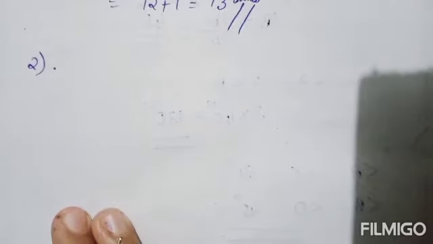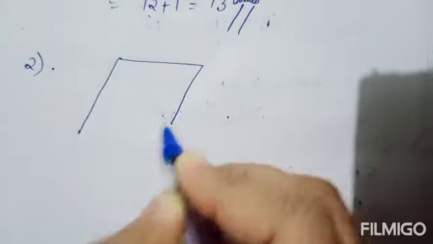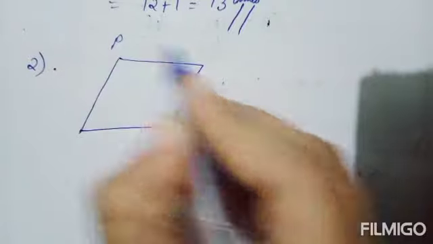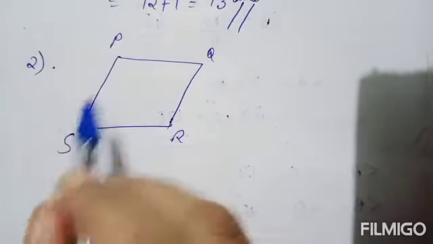Second question. In parallelogram PQRS, angle Q equal to 4x minus 5 degree and angle S equal to 3x plus 10 degree. Calculate angle Q and angle R. So here a parallelogram PQRS is given. Let this be the parallelogram PQRS.